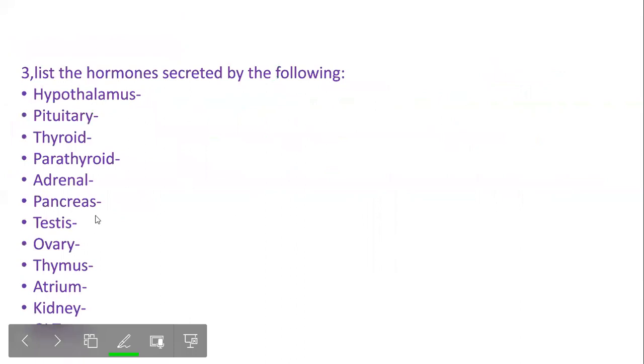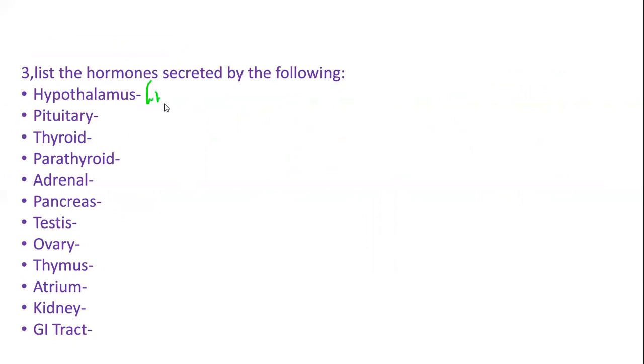Now coming to list the hormones produced by the following. Hypothalamus produces gonadotrophic releasing hormone and somatostatin, and pituitary produces MSH. I also told you G, T, P, L, F. This is by pars distalis, and MSH is by pars intermedia: growth hormone, thyroid stimulating hormone, prolactin, luteinizing hormone, and follicle stimulating hormone.